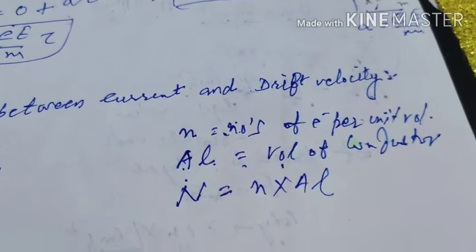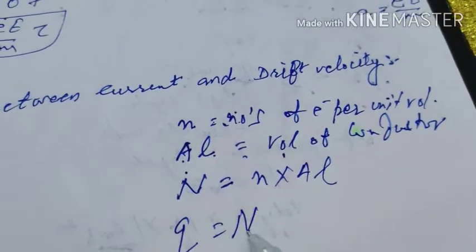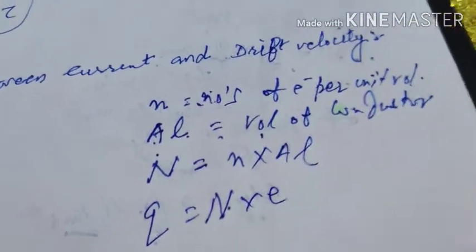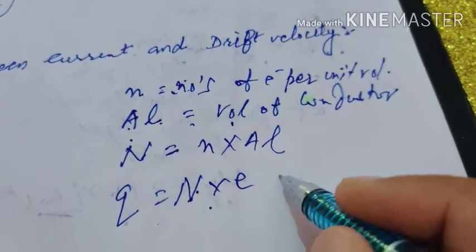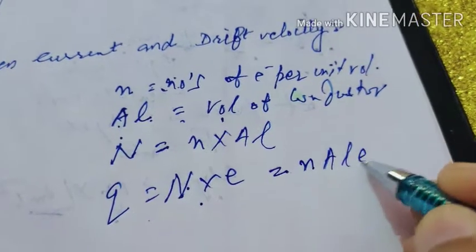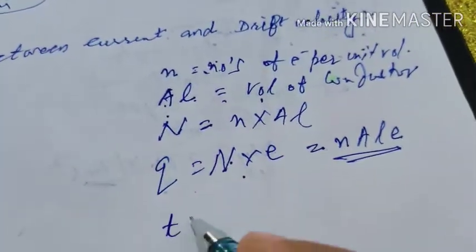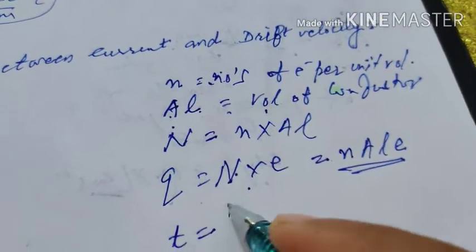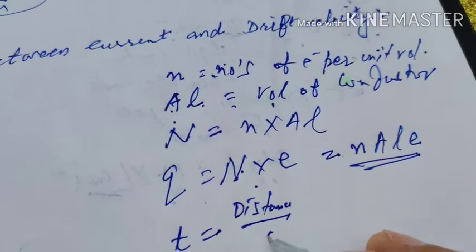And if charge on one electron is e, then total charge is total number of electrons into charge on one electron. So Q is equal to n into e. What is N? It is small n A L into e. So this is charge.